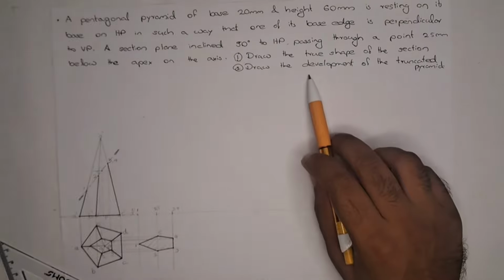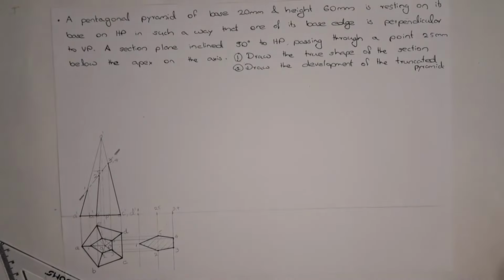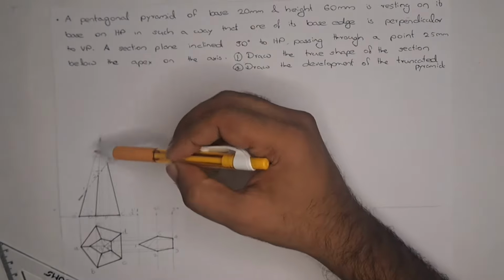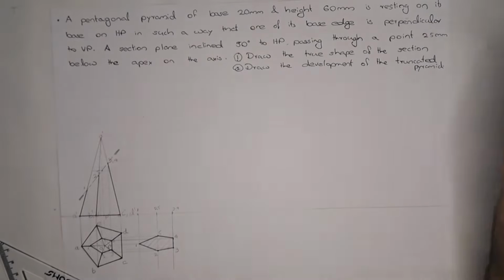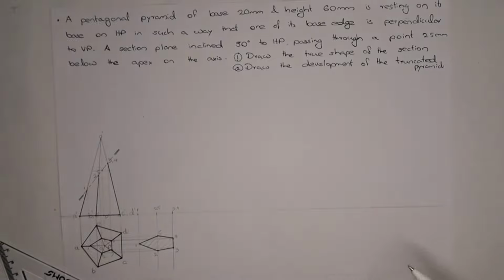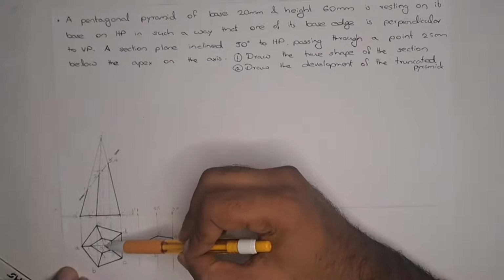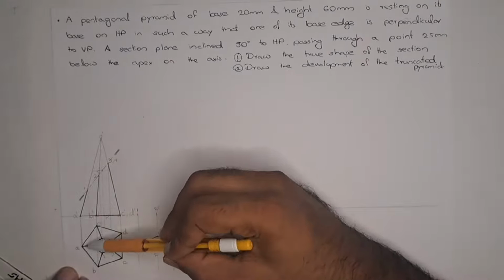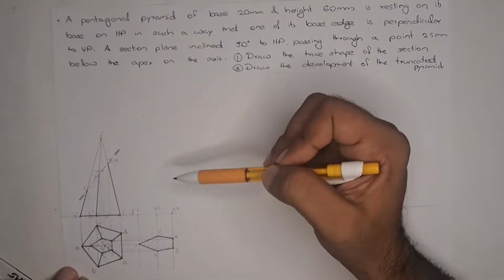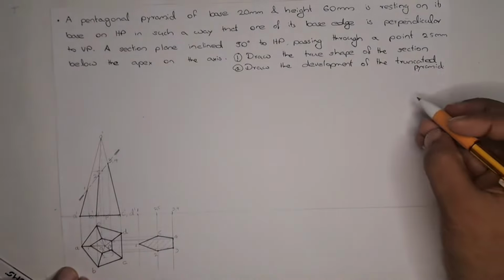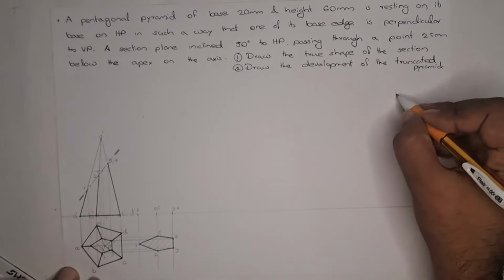Now we have to draw the development of the truncated pyramid. For that we need the true shape of the slant height. Here only one slant edge has the true shape because OA is parallel to the XY line.